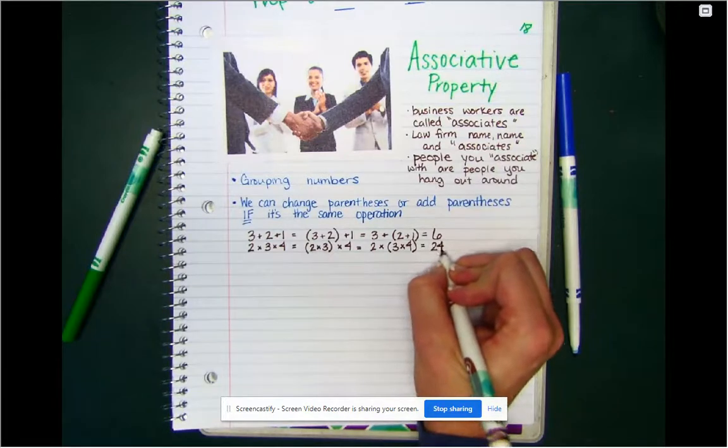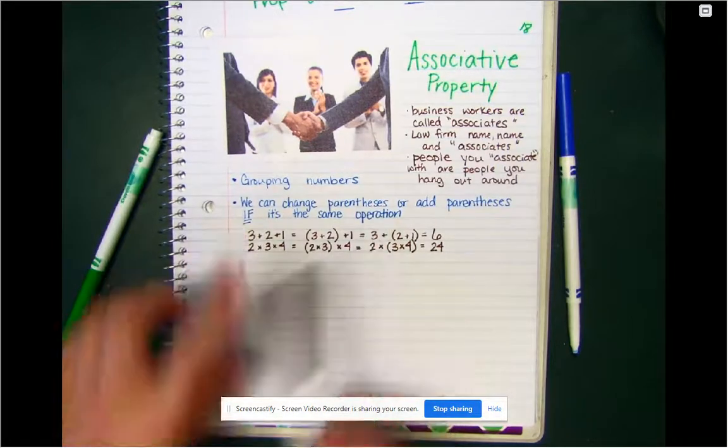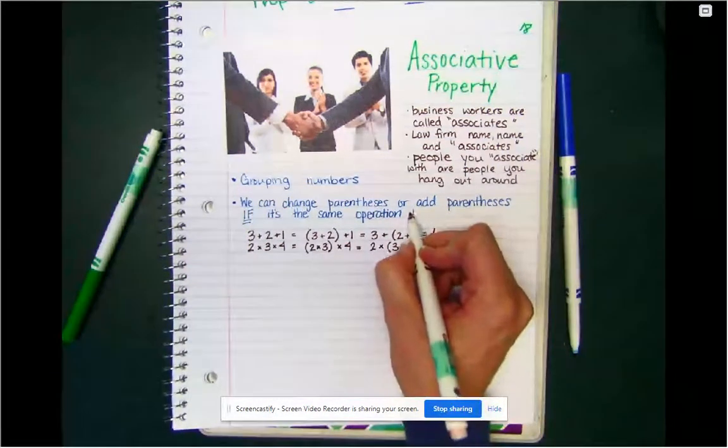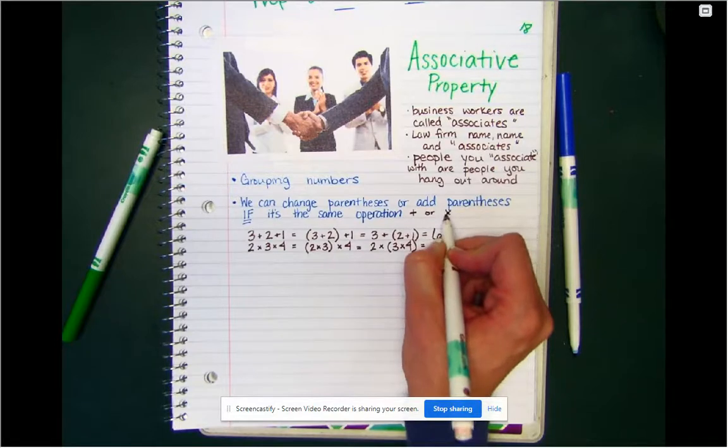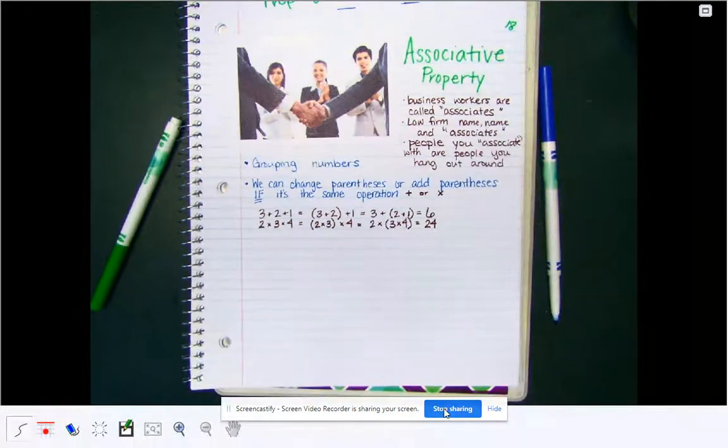So any way we do it, we get 24. That is all the associative property says, that if we have the same operation, which has to be either adding or multiplying, we can add parentheses or move them around as we need to simplify an expression.